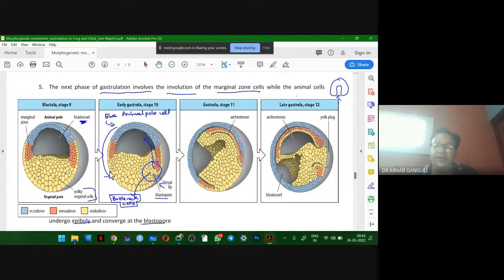Therefore, the blue color has come over here. So the cells have covered it up. And these yellow colored cells, these gray things covering, they have undergone involution and have come inside. The blastocoel has moved. So these are the morphogenetic movements which are taking place during gastrulation.